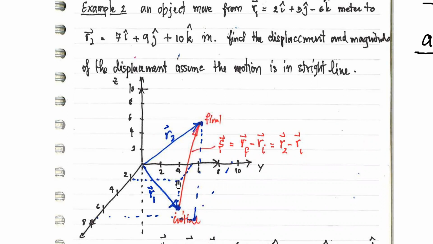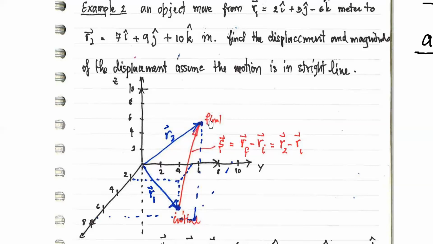Okay, it's here. And then minus 6k is going down 6 units. So the initial point is somewhere downward from that. This is vector Ri. And vector R2 is 7i, so here, and 9j, so this is 8 to 10, and then plus 10k. So it's going up 10 units. So this is R2.